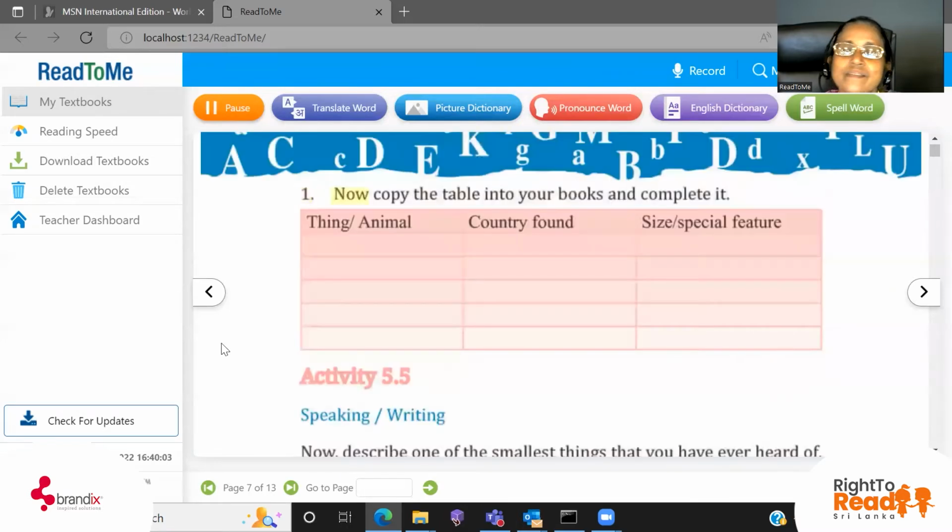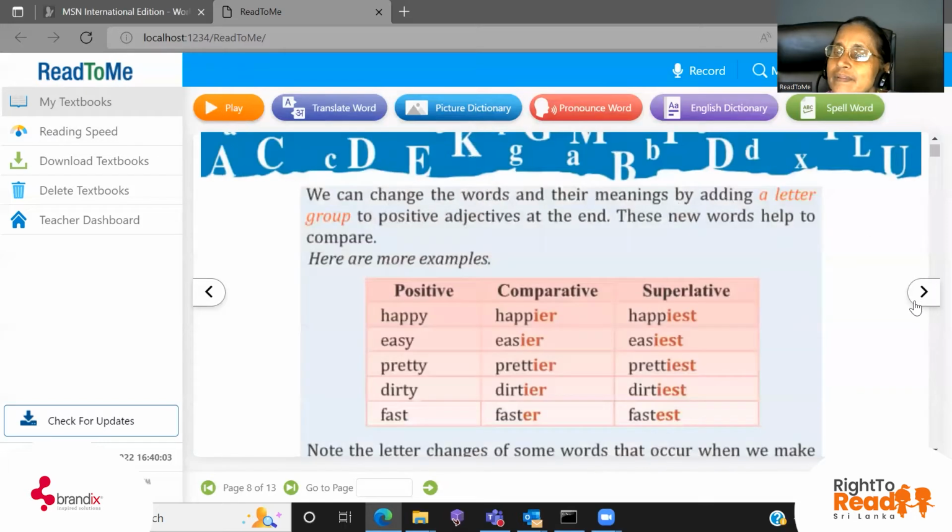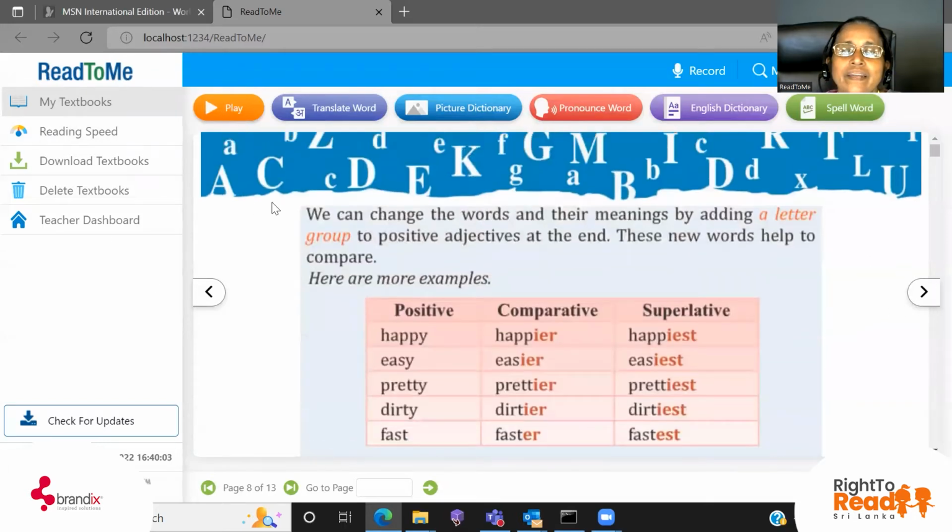Now copy the table. We can change the words and their meanings by adding a letter or a group of letters to positive adjectives at the end. These new words help to compare. ER, EST.